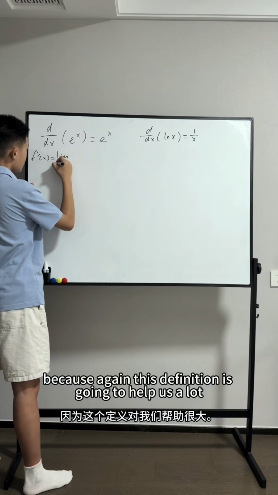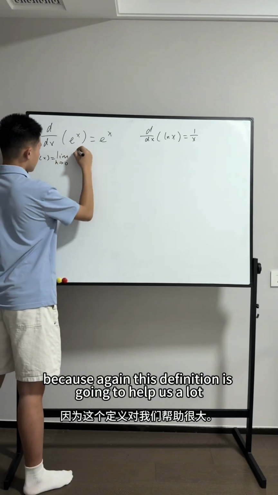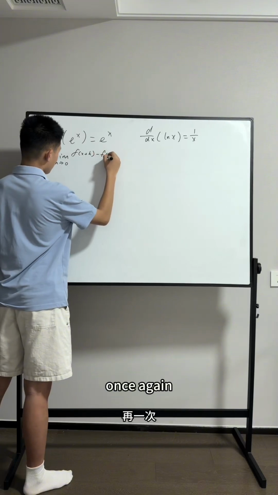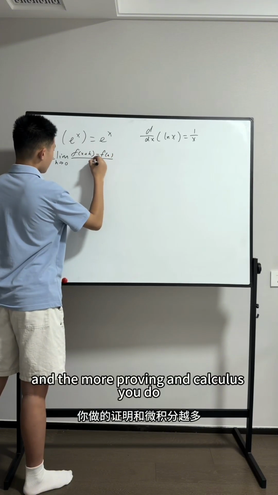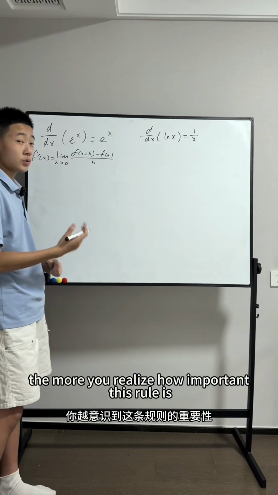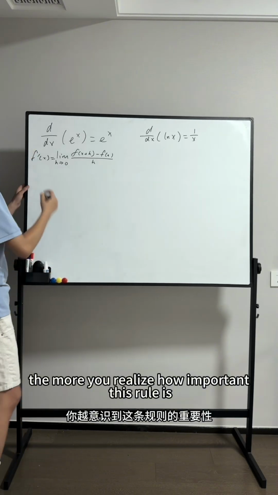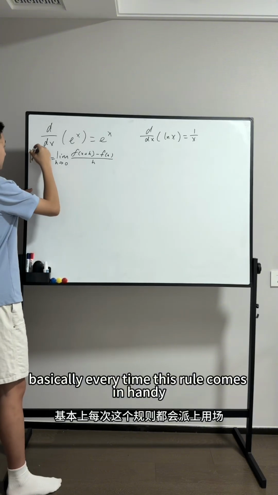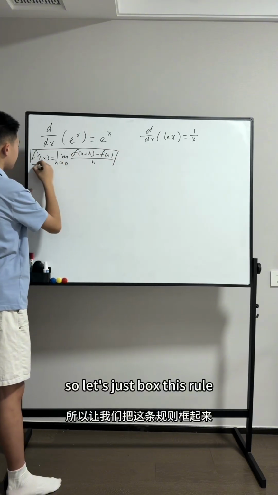Because again, this definition is gonna help us a lot in proving the rule. And the more proving in calculus you do, the more you realize how important this rule is. Basically, every time this rule comes in handy. So let's just box this rule.